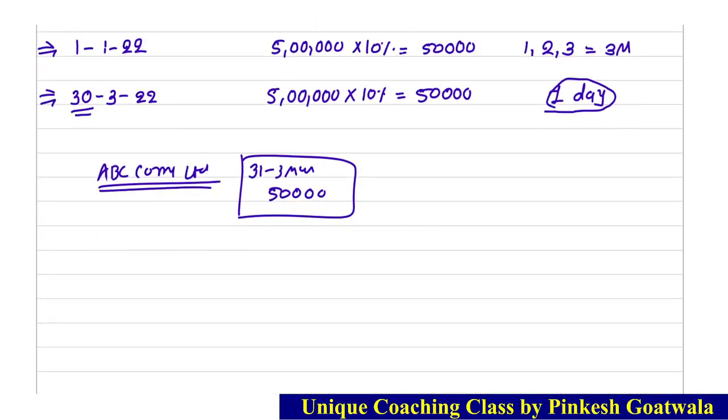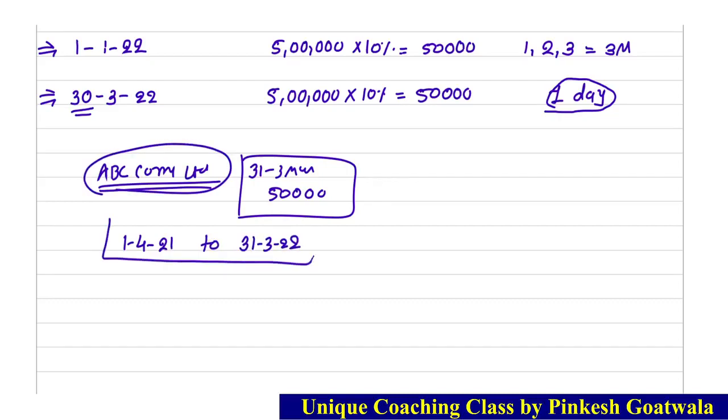Suppose during the year 1st April 21 to 31st March 22, ABC Limited has to pay interest for this period, and on 31st March it has to pay 50,000 interest. Between 1st April 21 and 31st March 22, these 5 lakh debentures were sold and purchased by different people.